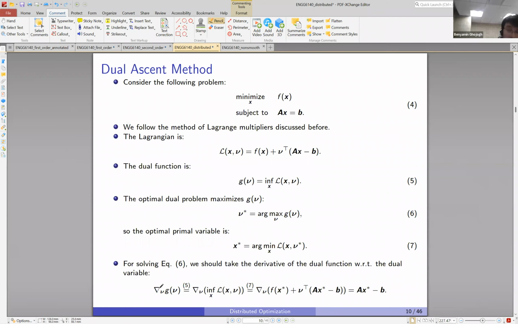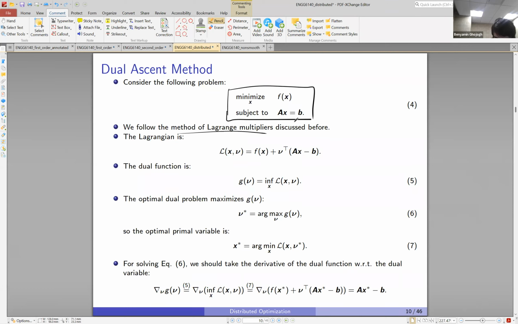Okay, dual ascent method. Consider the following problem: minimize f of x subject to Ax = b. Assume we have an equality constraint, for example. Let's use the method of Lagrange multipliers that we discussed. Recall the slides on KKT conditions and the Lagrangian. Do you remember? What is the Lagrangian for this? f(x) plus nu transpose (Ax minus b), where nu is a dual variable for the equality constraint, right?